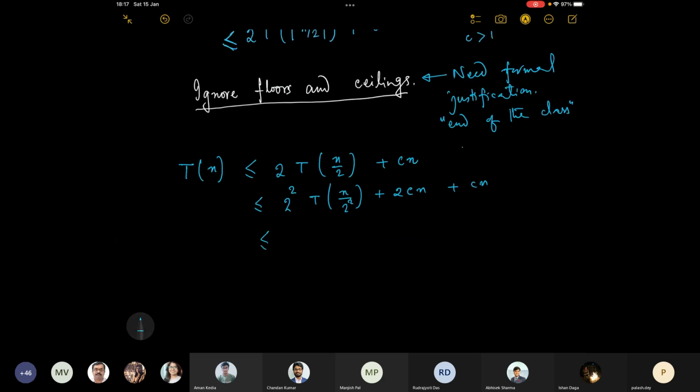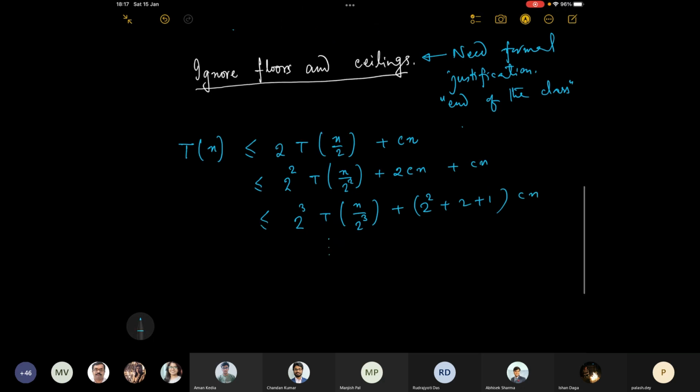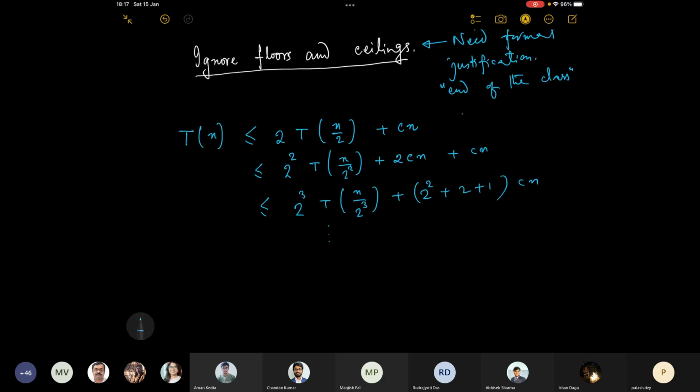This is less than or equal to 2 cubed T(n/2 cubed) plus 2 squared plus 2 plus 1 times cn. And this I can continue.